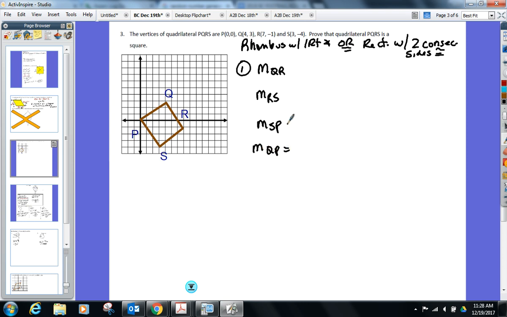Let's make this quick here. I'll do QR. Group 1 right here, you do RS for me. Group 2, you do SP. Group 3, you do QP for me. All right, find the slope of your individual line segment right now. Using rise over run or the slope formula, talk it over within your group.